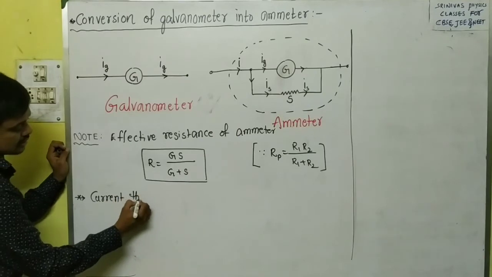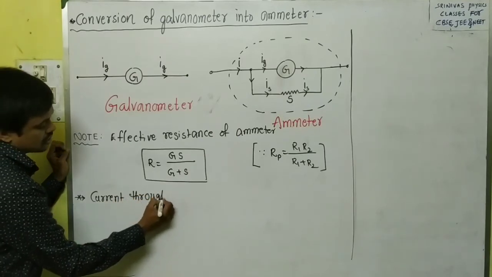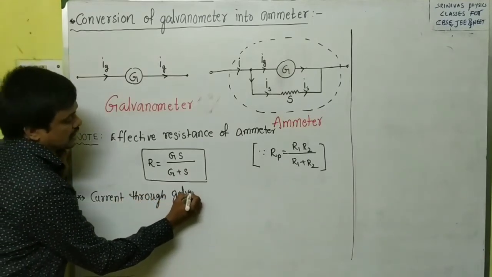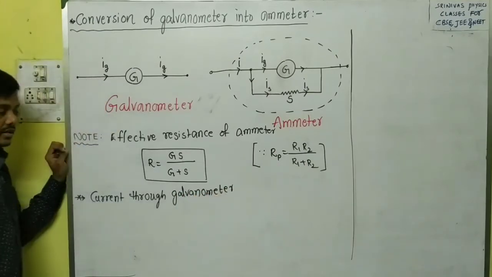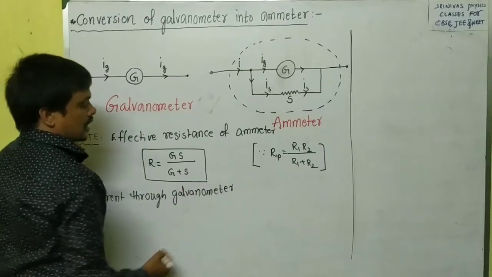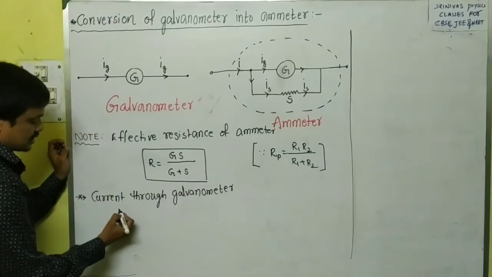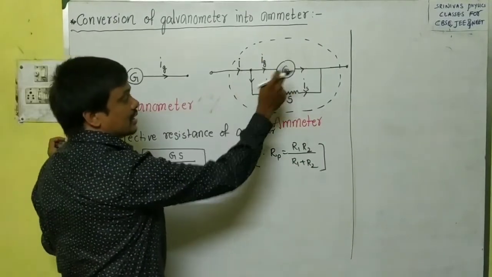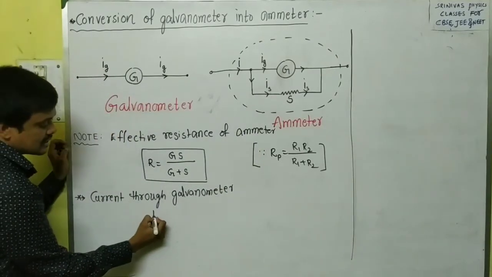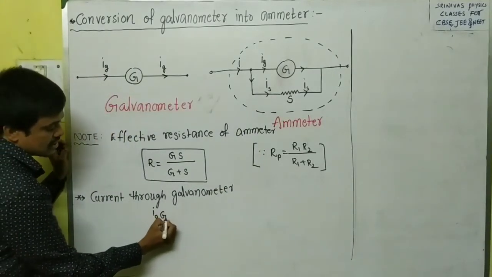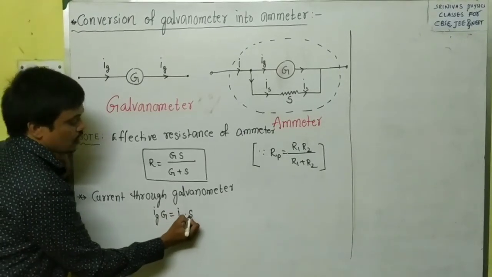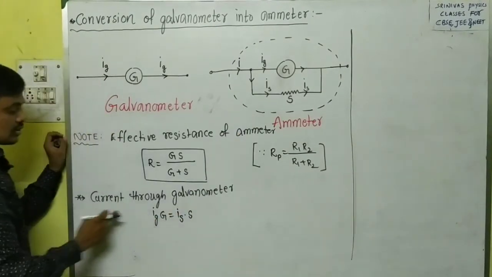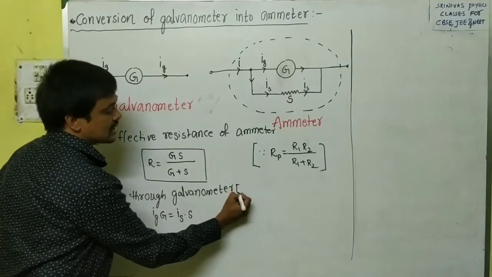Current through the galvanometer. What is that? Ig, right? Okay. And now how to find out Ig? For that we know already, right? Ig G is equal to Is S. Why? Because the current through the galvanometer I want to find out, that is Ig.